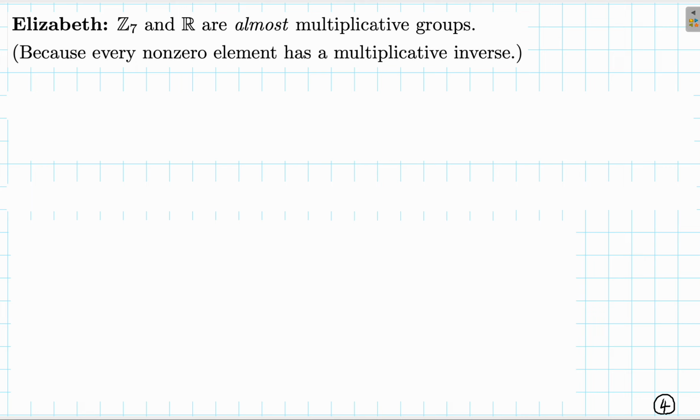In the classwork, Elizabeth noticed that the rings Z7 and the real numbers R are almost multiplicative groups. And that's because every non-zero element in each of those rings has a multiplicative inverse. And motivated by that observation, here's a definition.